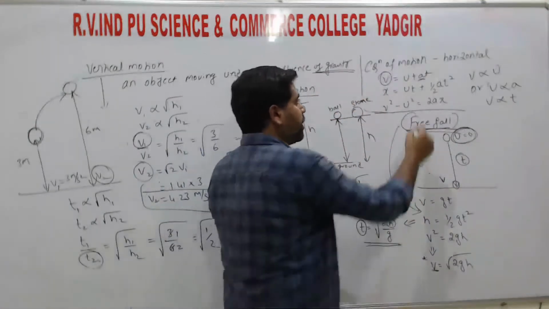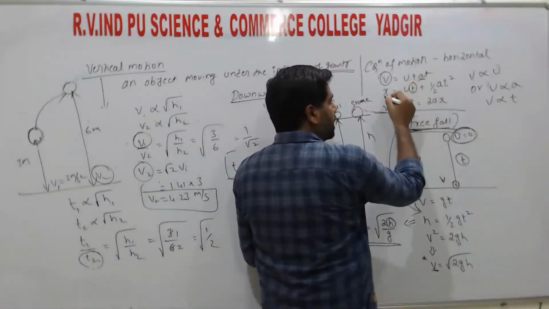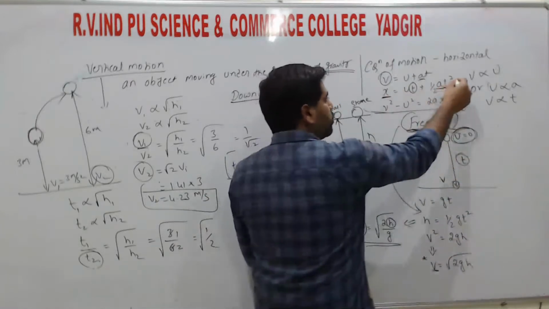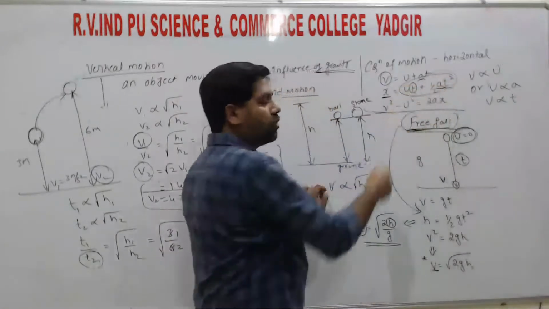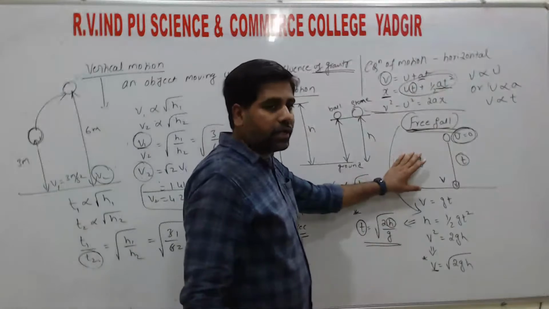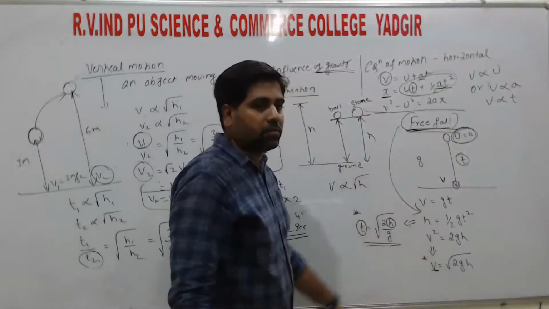If they mention that when time taken is 0, then x is proportional to a, the whole equation becomes 0, because t is 0. So by observing the conditions, we can relate like this, right?